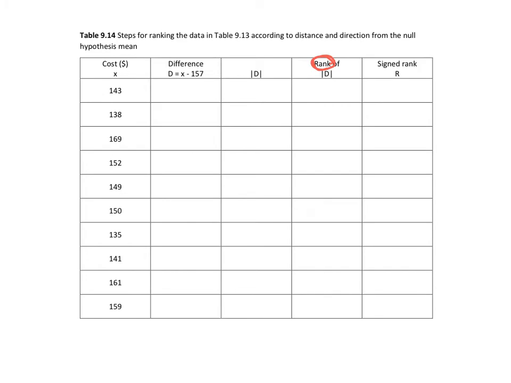Before taking the rank, we take the difference because the alternative hypothesis is less than 157. So we subtract the initial setting value, mu 0, from each observation.